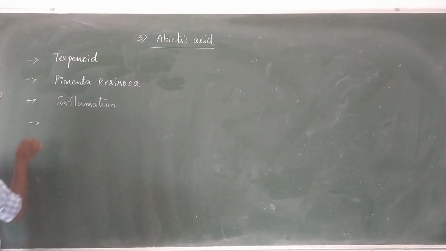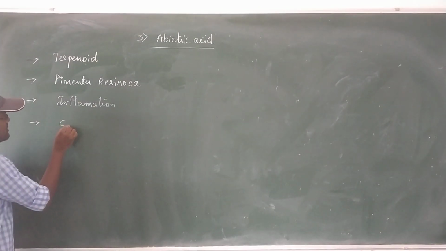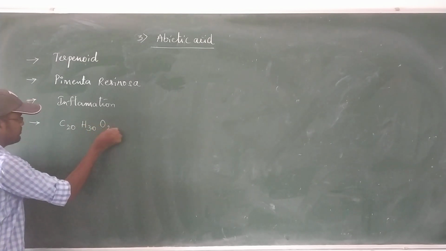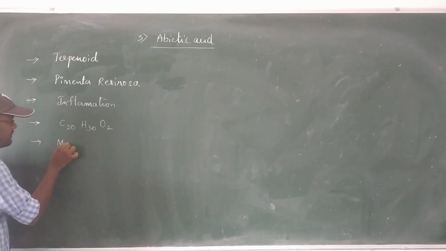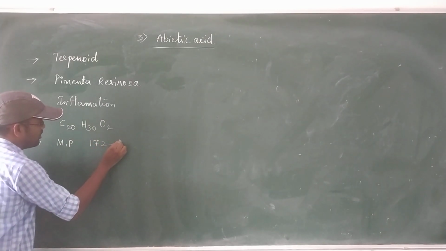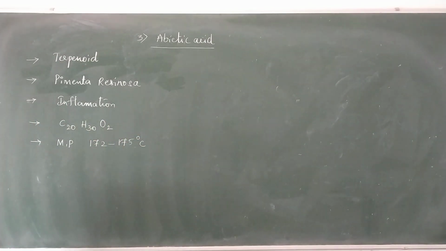Next, abietic acid molecular formula C20H30O2 and its melting point is 172 to 175 degrees centigrade. Abietic acid is optically active.